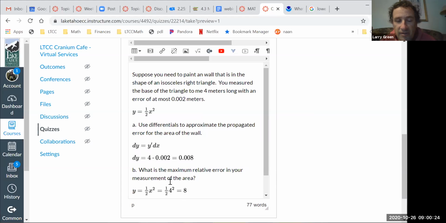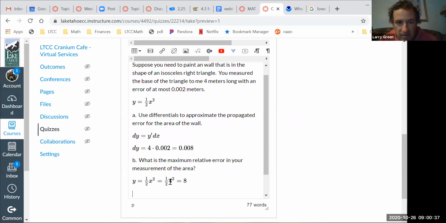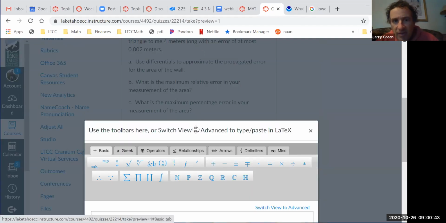Any questions so far? If we want the relative error, we take dy and divide by y. What do you get for the relative error?